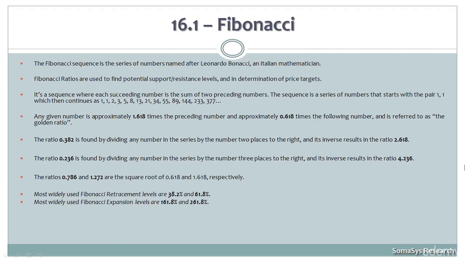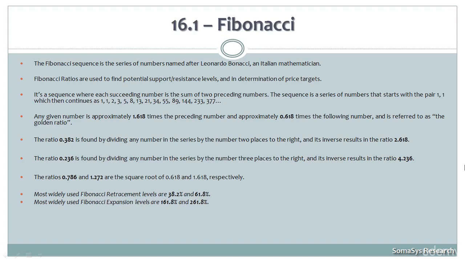Fibonacci numbers are a sequence of numbers named after Leonardo Fibonacci, an Italian mathematician. Technical analysis uses Fibonacci ratios to find potential support and resistance levels. The other use is to find out where prices could potentially move to, as in determination of price targets.